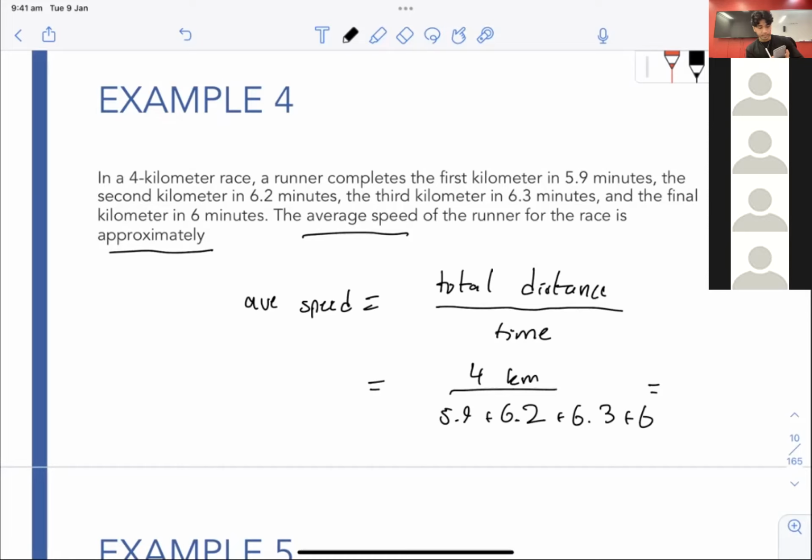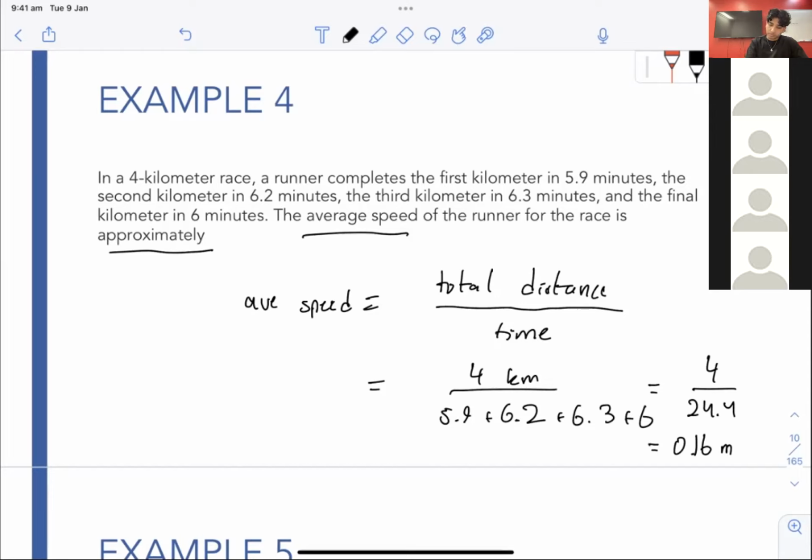That works out to be 4 over 24.4, or an average speed of 0.116 meters per second. Sorry, that'd be kilometers per minute, my bad.